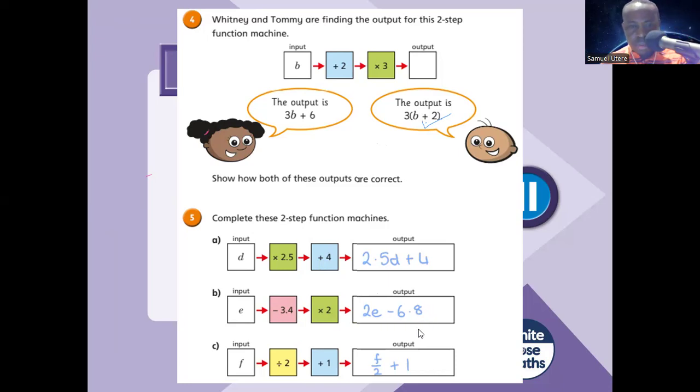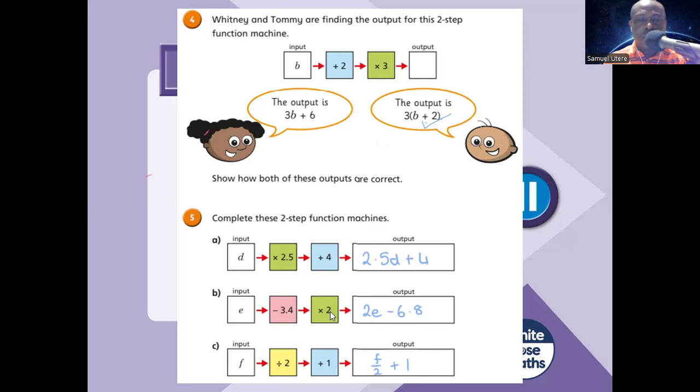Since you're multiplying, it means you have to double. Remember the example I gave you before. This can be written as a single block of e minus 3.4, which you are doubling. So you can have 2 lots of those bars. So the e, 2 of the e's will be 2e minus 6.8.